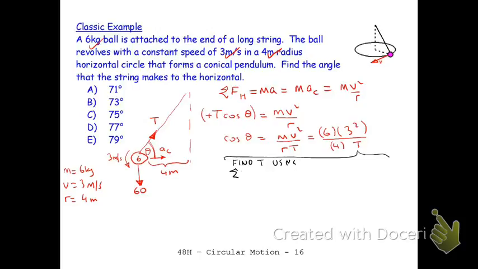the sum of the forces vertically is equal to, the sum of the forces vertically, do they equal ma or do they equal 0? So which equation applies vertically? Newton's first law or Newton's second law?